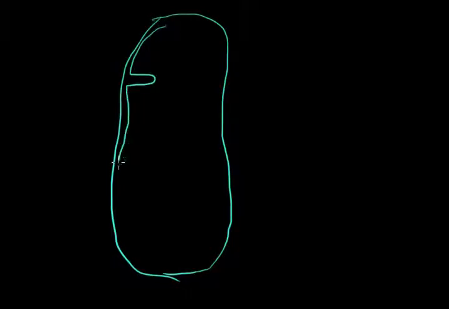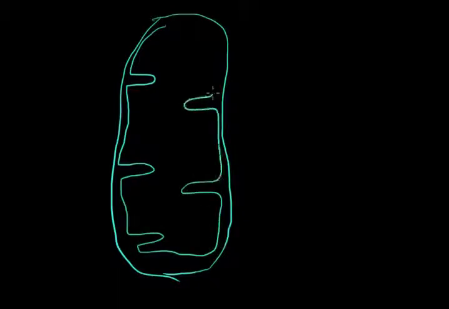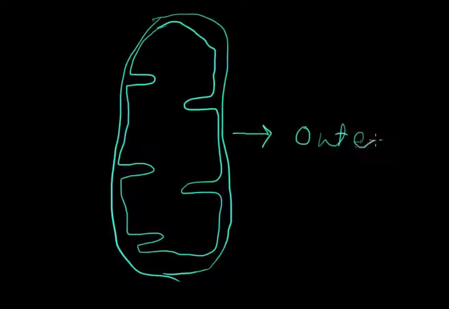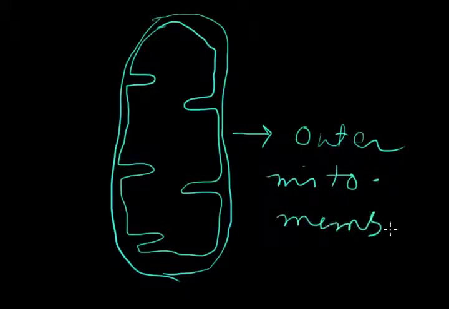If we go through a careful detail of the structure of the cell organelle, say mitochondria, it is like this. The whole structure is a sausage-shaped or tubular body, of which this part is called the outer mitochondrial membrane.